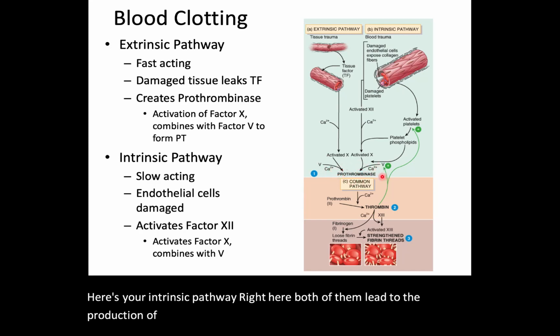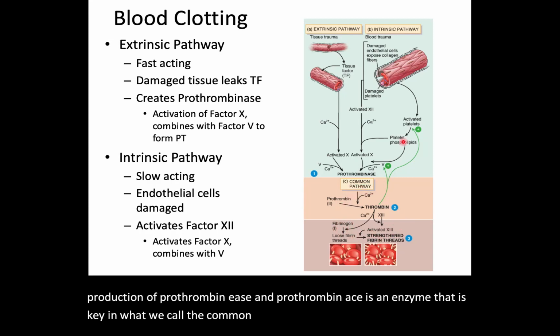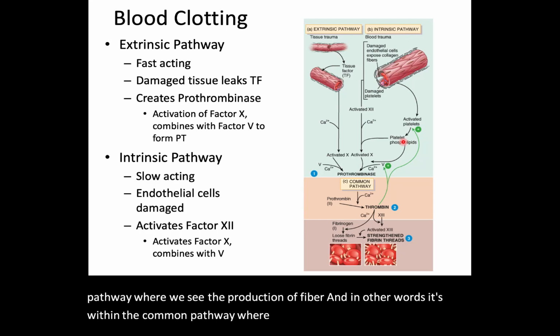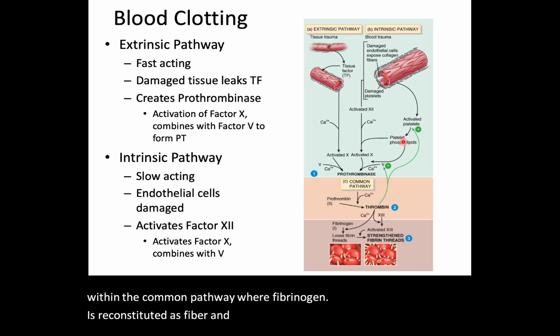And prothrombinase is an enzyme that is key in what we call the common pathway. And it's within the common pathway where we see the production of fibrin. In other words, it's within the common pathway where fibrinogen is reconstituted as fibrin to actually create the blood clot.